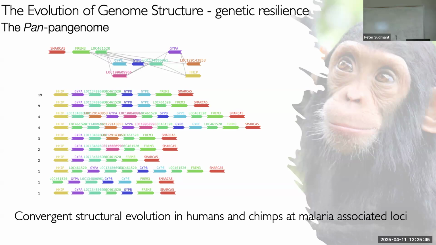FREM3 is on one side, HHIP is on the other, and everything in between are GYP genes. This one, for instance, is labeled with a locus number, but that's just because it's a GYP gene. These are all GYP genes inside here that have just never been seen before. So this is insane structural variation at this locus, kind of like that amylase story I showed you before. And I just think it's so cool that we can start to dig into these.